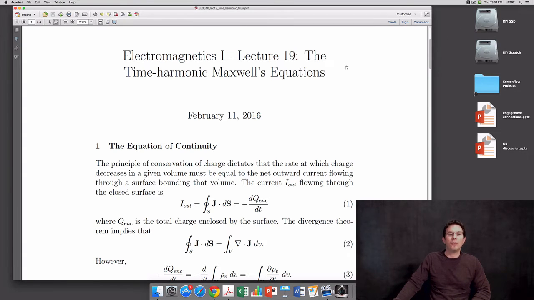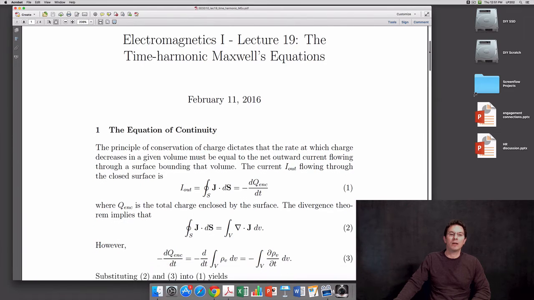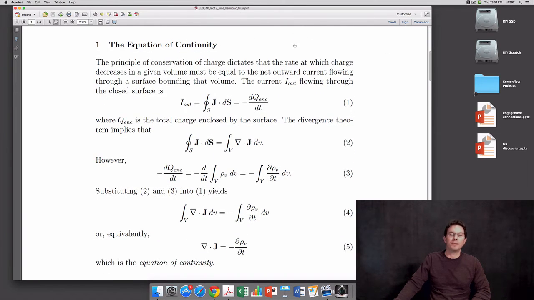Well, in order to understand displacement current, we first need to talk a little bit about the equation of continuity. The principle of conservation of charge dictates that the rate at which charge decreases in a given volume must be equal to the net outward current flowing through a surface bounding that volume.